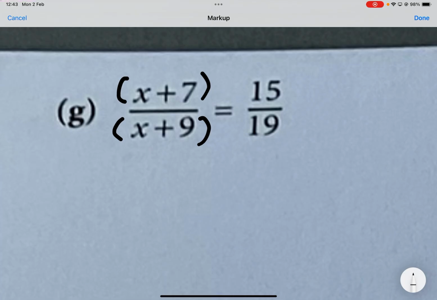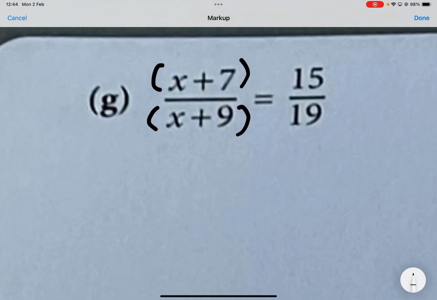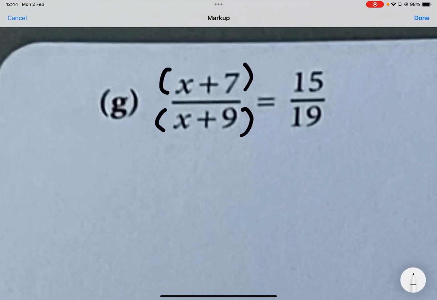So before I can remove my x, put it on one side, I must have the bracket first. Then from there, my next step is, I don't want this bracket to be in the denominator.